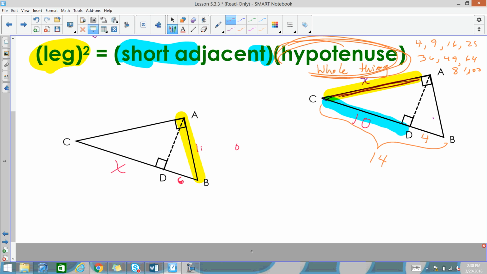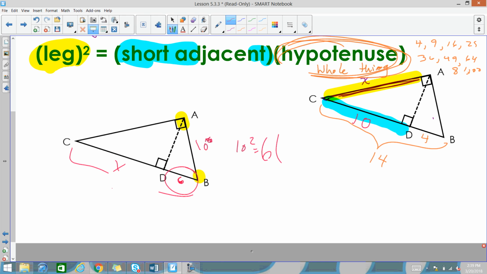All right, 10 squared, so leg squared is equal to short adjacent, so 6 times the entire thing, because 6 is your short adjacent, not x this time, because your leg's over here. 6 is your short adjacent, and then your entire hypotenuse is x plus 6.